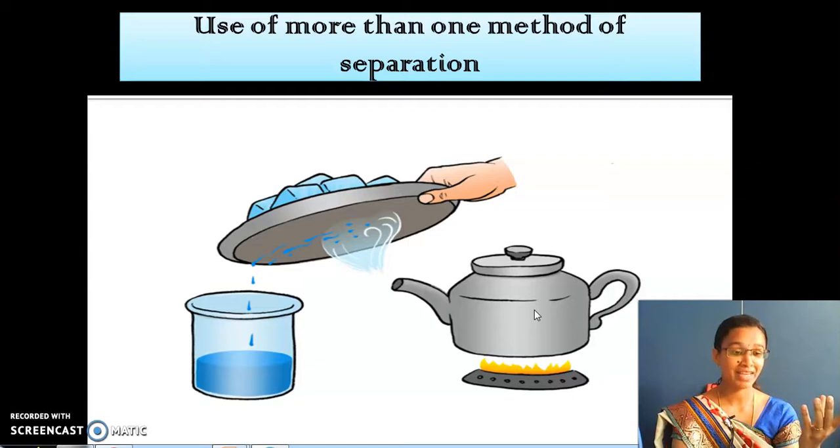Now we have separated the sand from the salt and water. But we still have a mixture of salt and water. So now you pour the mixture of salt and water in a kettle and you heat it. What happens when we heat it? The water gets evaporated.